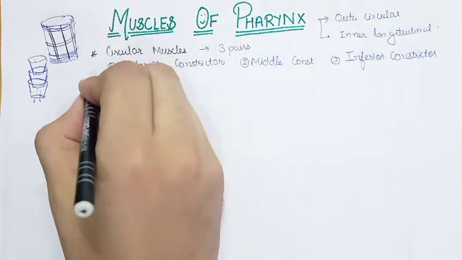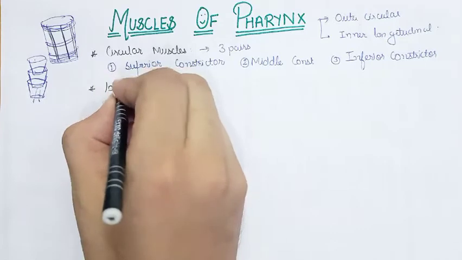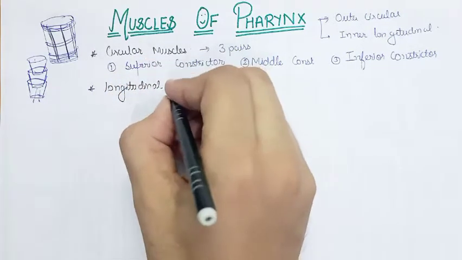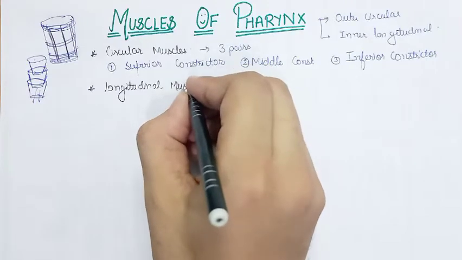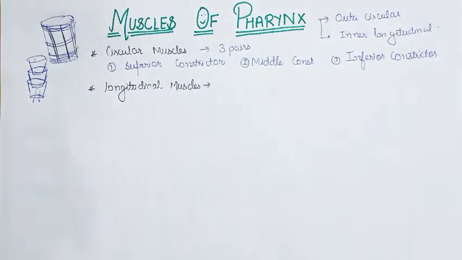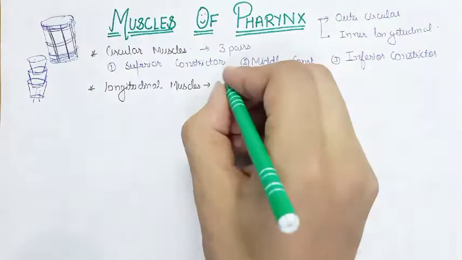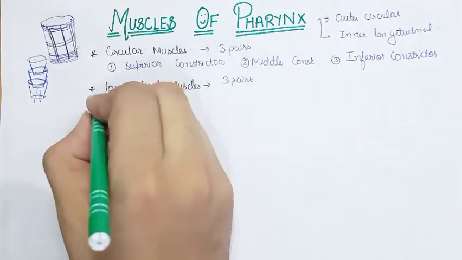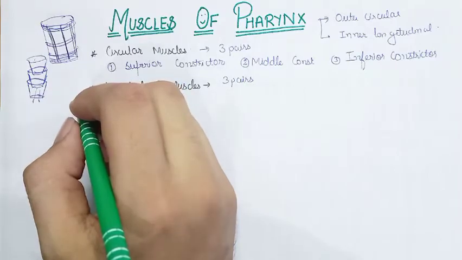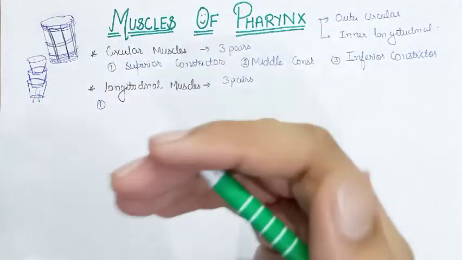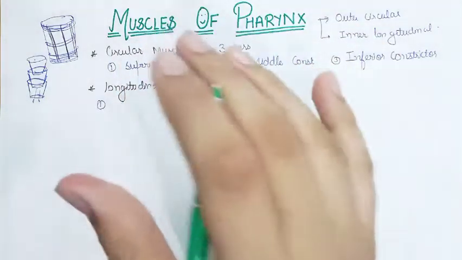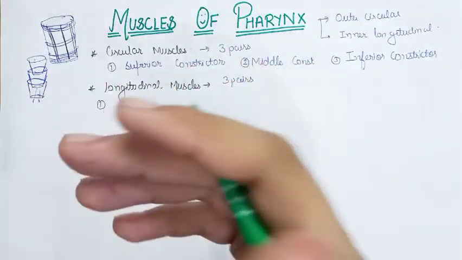Now the remaining muscles are the longitudinal muscles. We also have 3 pairs of longitudinal muscles. And what are they? Firstly, the name will include pharyngeus because it belongs to the pharynx, and depending upon the origin, from where they have an attachment, their names are derived.